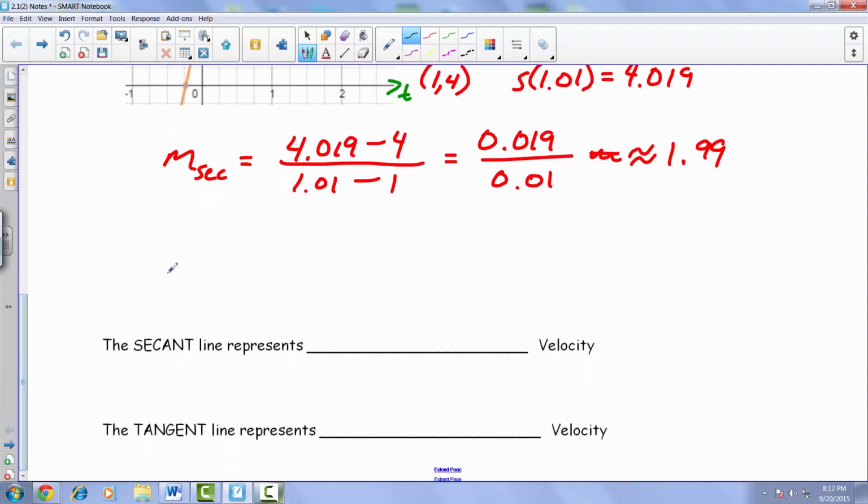Now the secant lines that we're finding actually represent something in terms of real applications. What they represent are the average velocities of things. And the tangent line, those represent our instantaneous velocities.